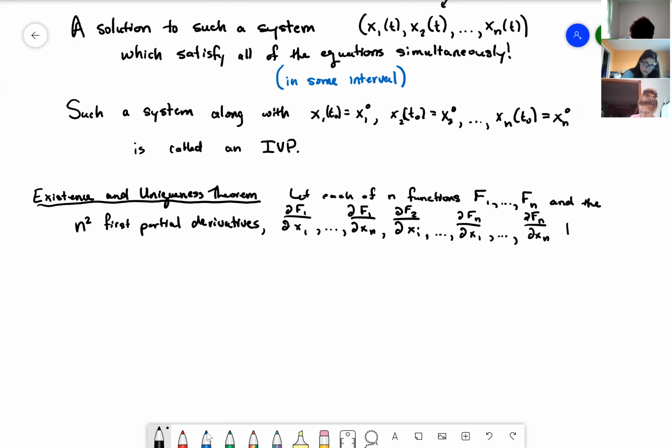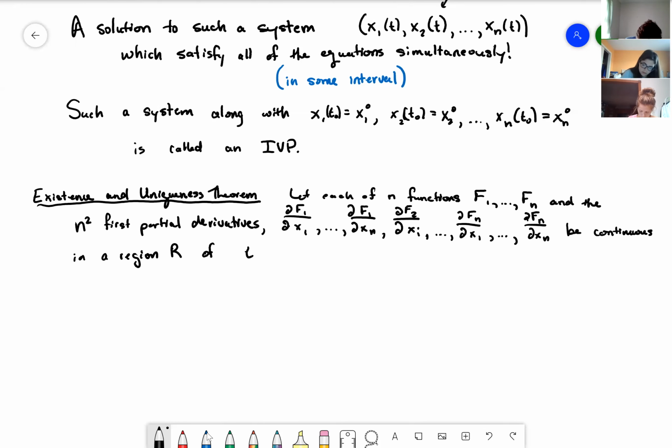So if all these things, we let them be continuous in some region R of the total space of all of our variables and t as well.